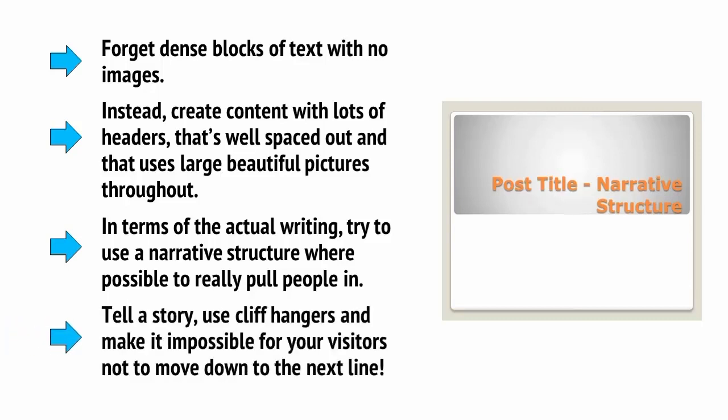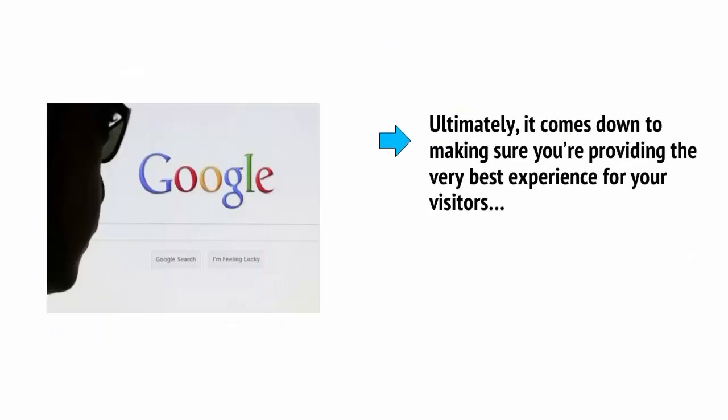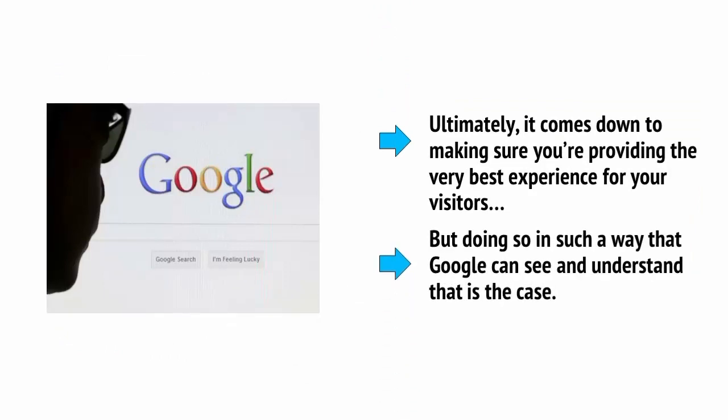Tell a story, use cliffhangers, and make it impossible for your visitors not to move down to the next line. Ultimately, it comes down to making sure you're providing the very best experience for your visitors, but doing so in such a way that Google can see and understand that that is the case.